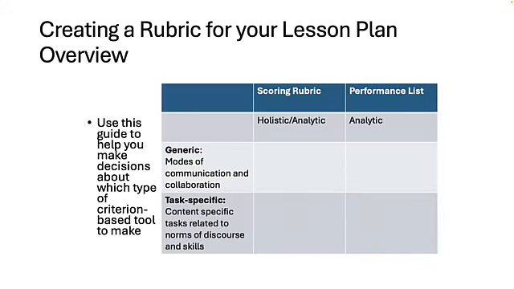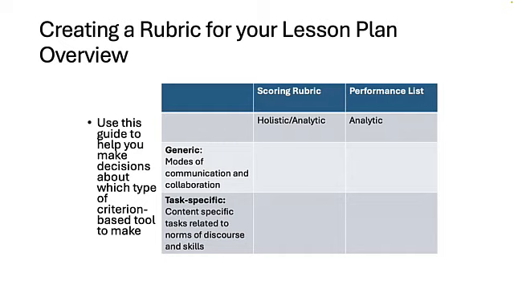Creating a rubric for your lesson plan or for your unit, right? Use this guide to help you make decisions about which type of criterion-based tool you want to make. Do you want to make a generic tool, modes of communication and collaboration, how to collaborate, how to write or listen or speak?